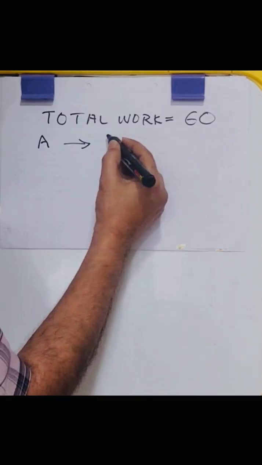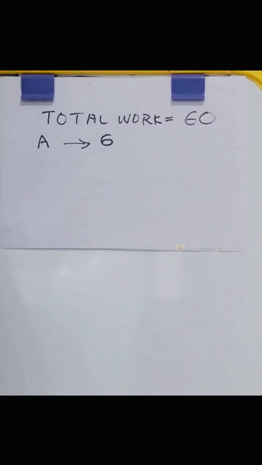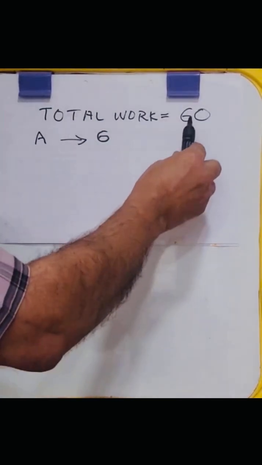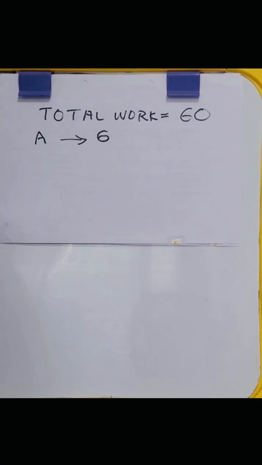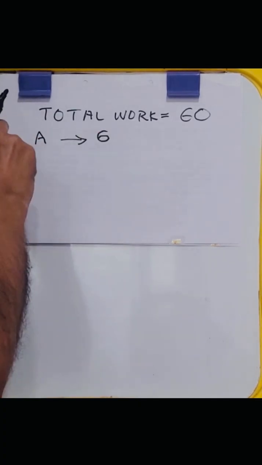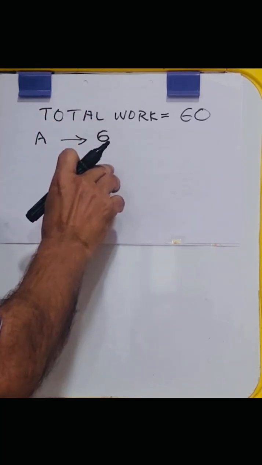Now the total work is 60, and the number of days taken by A is 20.